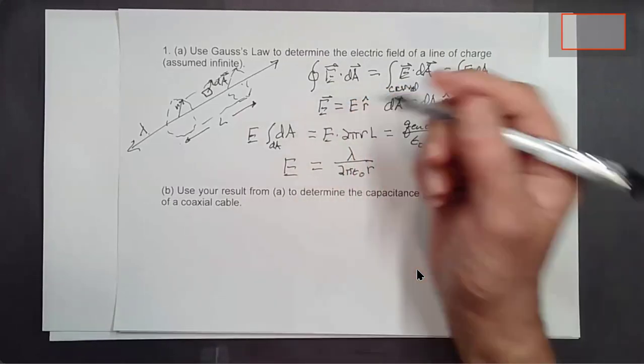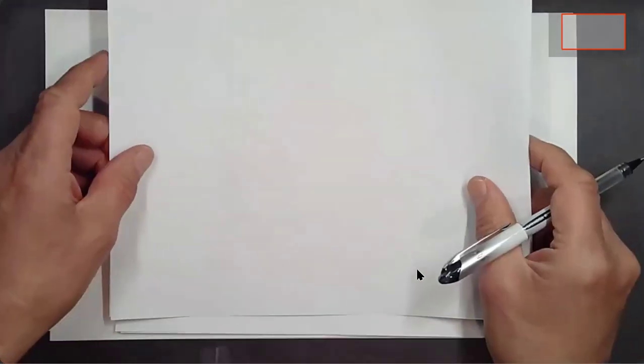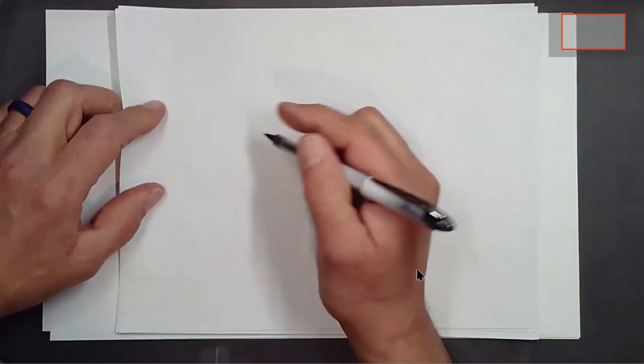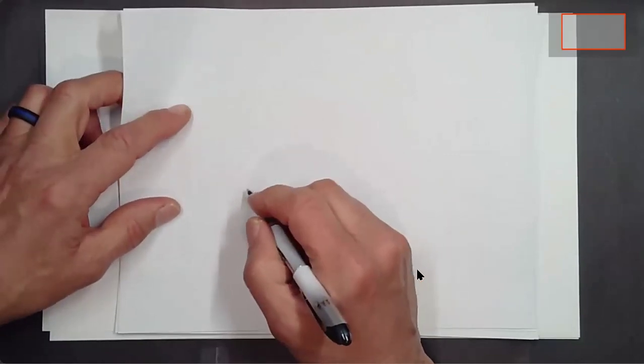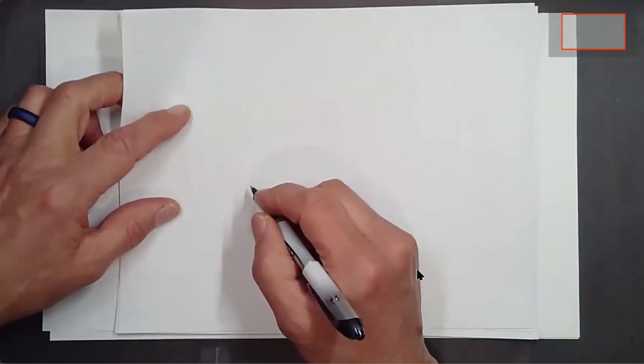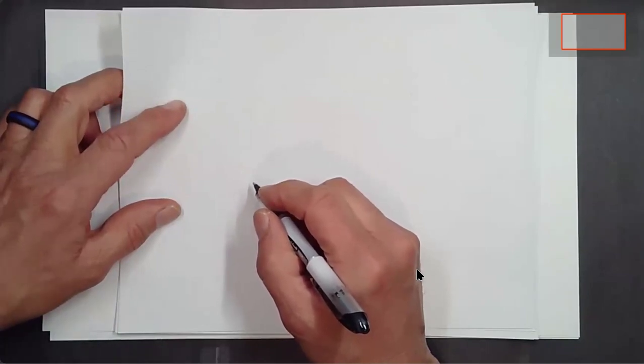A coaxial cable is one that, grab a piece of scratch paper here. Nowadays, in houses, most of the time you've got wireless connectivity, but it used to be you had to connect these things coming in from an antenna or all kinds of different things.